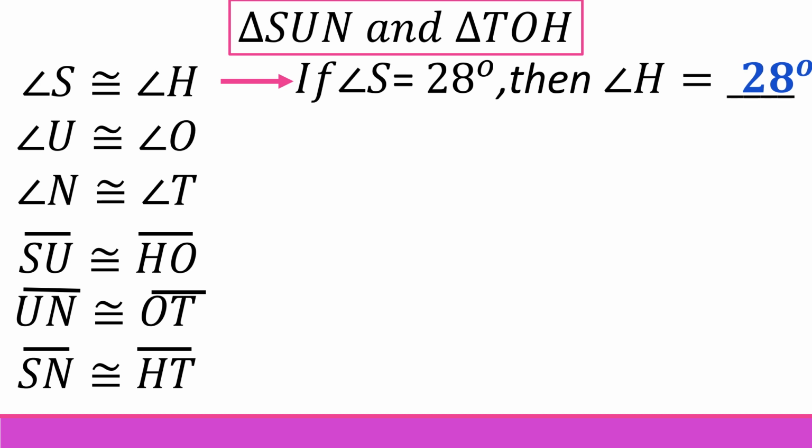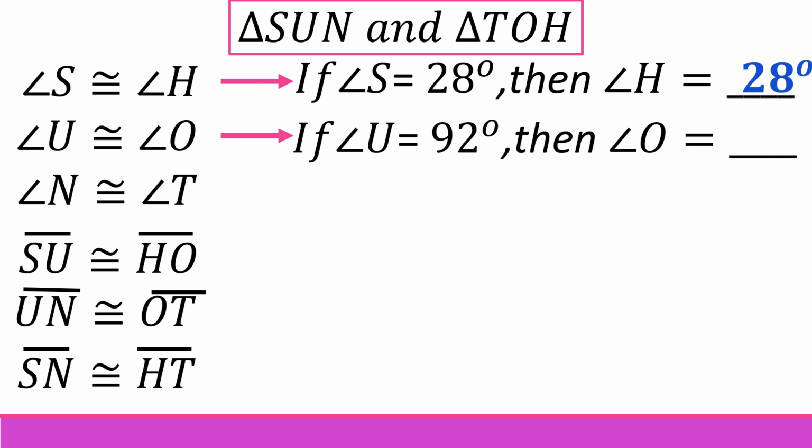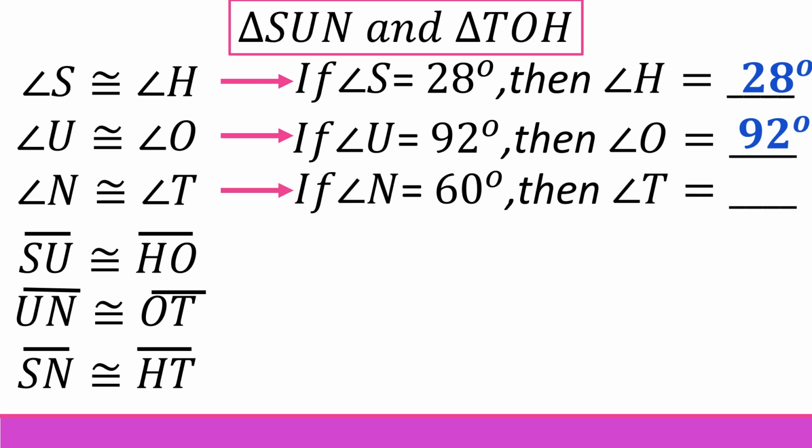If angle U is congruent to angle O, and if angle U is 92 degrees, then the measure of angle O is also 92 degrees. If angle N is congruent to angle T, and if angle N measures 60 degrees, then angle T also measures 60 degrees.